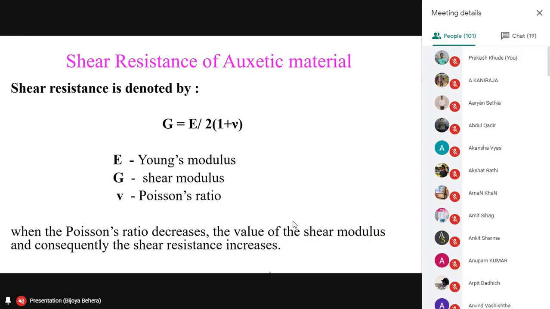Because in this equation, ν, the Poisson's ratio, will be either 0 or negative, so that you will get high shear resistance. This is the mathematical justification why an auxetic material exhibits high shear resistance. Similarly, all other properties can be mathematically proved. I'm just showing you one, all other things you can try yourself.